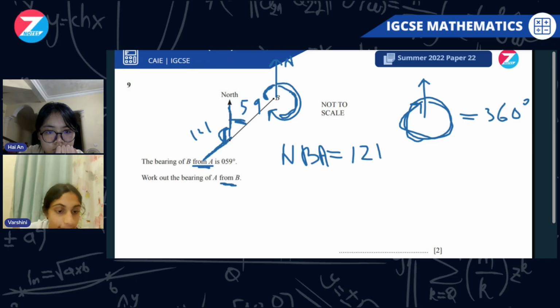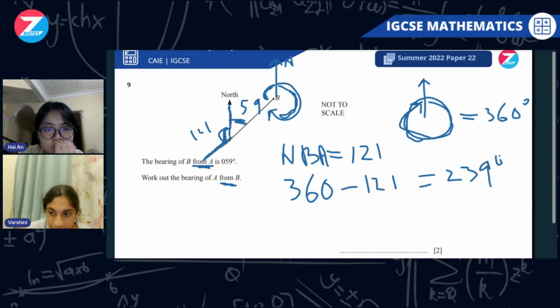Now remember, they want the bearing of A from B, which is going to be, as we calculated, 360 minus 121. Now if you put that in your calculator, you should get 239. The degrees symbol won't be in your calculator, but remember it's a bearing, so we always write it in three figures and degrees. So 239 degrees.